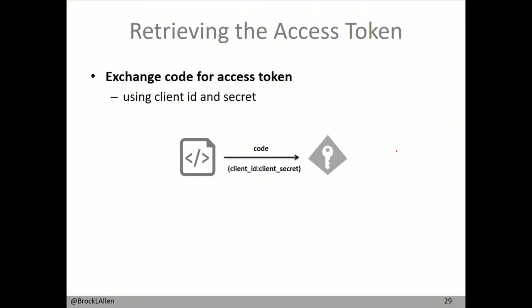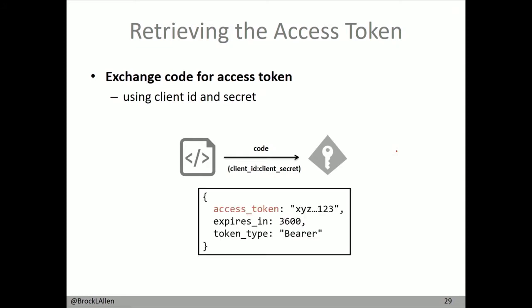Because to use that code, we have to prove that it's really the MVC app that's trying to use the code for an access token. So you programmatically exchange the code once you've authenticated, and you get back your access token. That access token is the same access token that we saw a few minutes ago from the console app that I showed you, and that can be used to then call your API.